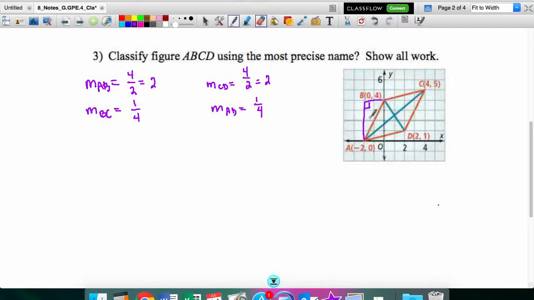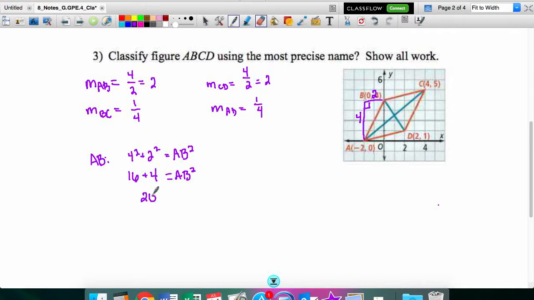Here I have a right triangle with a height of 4 and a length of 2, and our diagonal is the hypotenuse. So for AB, I have 4 squared plus 2 squared equals the AB length squared. Simplifying, I have 16 plus 4 equals AB squared.